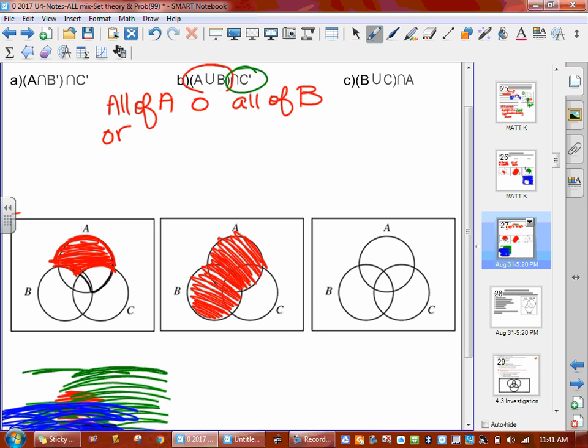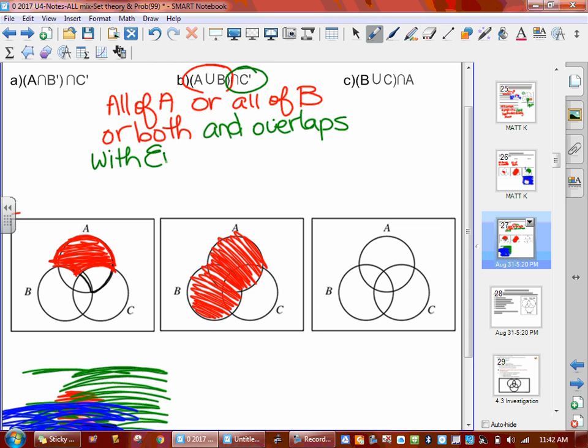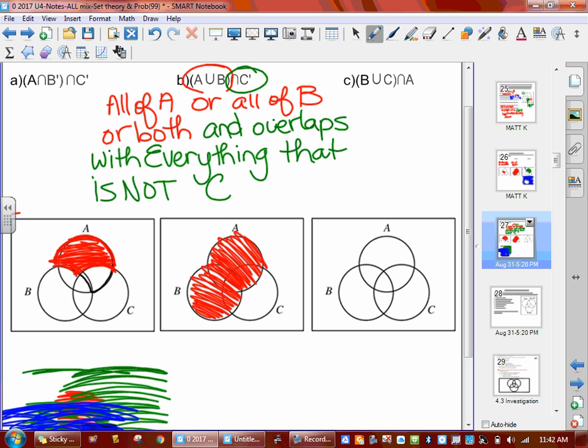Now, the second part means and overlaps with, what does C prime mean? Everything that's not C. Okay, with everything that is not C. Okay, so now I'm going to shade the next section. So everything not C. Here we go.